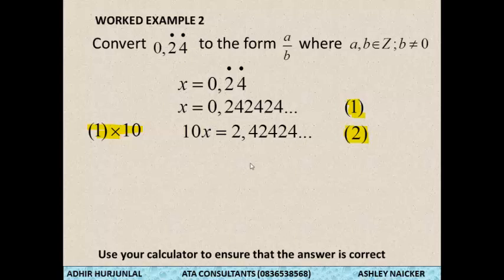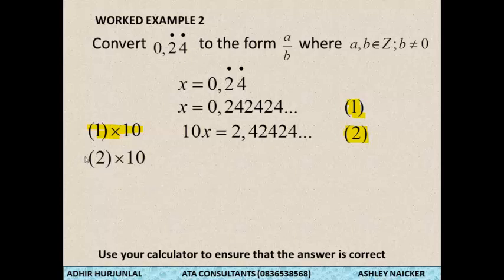Now once I've got two equations, my next step is to ensure that I will be able to subtract. If I subtract the x's, I get 9x. But if I subtract 2,4242 minus 0,242424, you will notice that I will not be getting an integer. The moment that you notice that happening, multiply by 10 again.